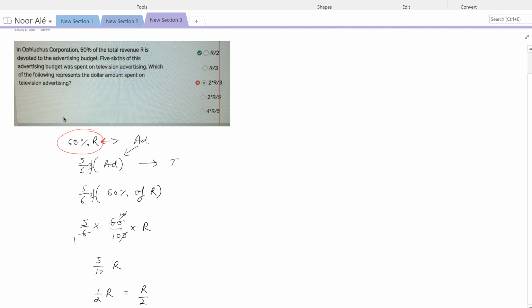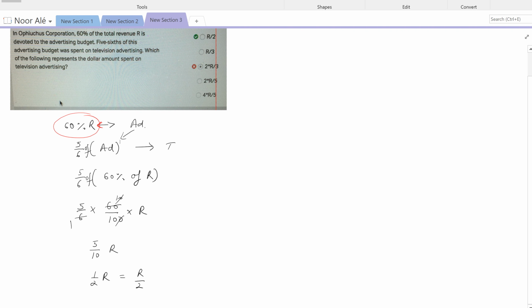For me, I think it was the reading component. I panicked. Probably you read this whole statement in one go. Don't read it in one go. Read just this much, like 60% of total revenue, and write 60% of R. Then "is ad," so I write ad. Then I read 5/6 and write 5/6.